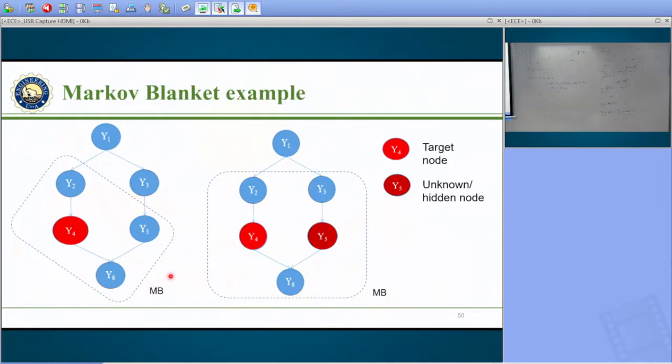So it only directly depends on this one, not on this one. Direct dependence is what I'm looking at. That's why I've written y6 depends only on y4, y5. So that gives an advantage. If this information is already coming here, why do I need to again incorporate this variable? I don't need to. Got it?